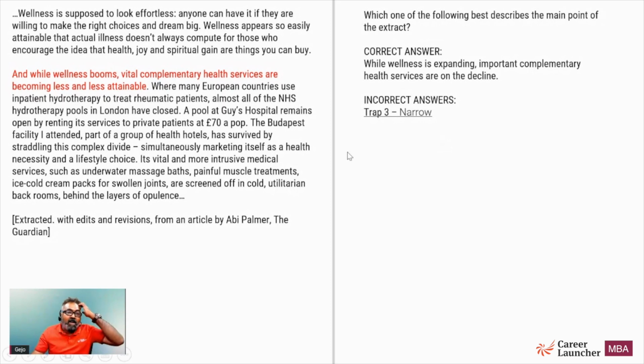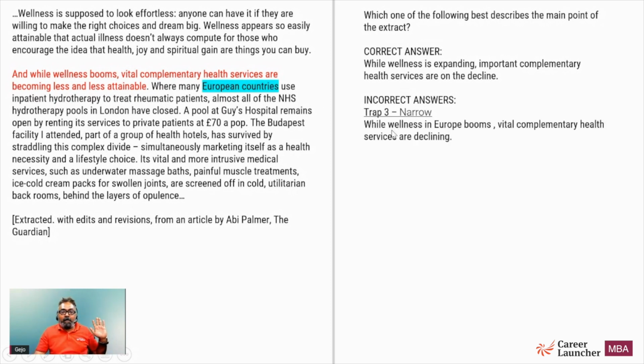And here, this particular statement does not say anything specific to this, while the subsequent part talks as an example of European countries. So let's just do this: while wellness in Europe booms, vital complementary health services are declining. Done. This now narrows the context of the main point.